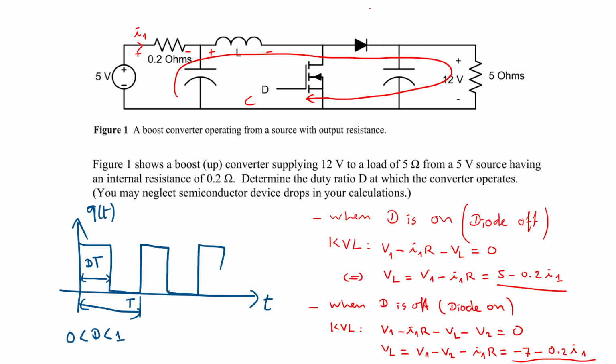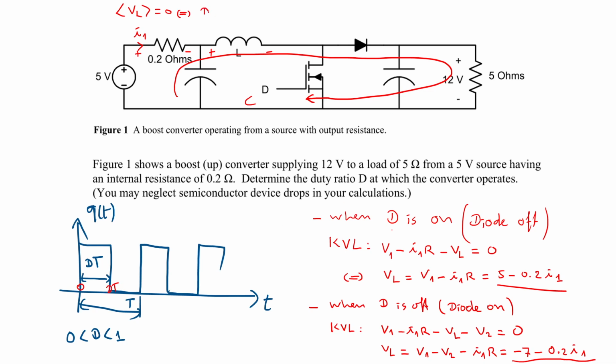We use the property that average VL equals 0. When the switch is on, time is taken from 0 to DT, so the duration is DT.